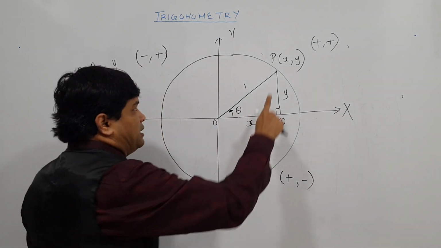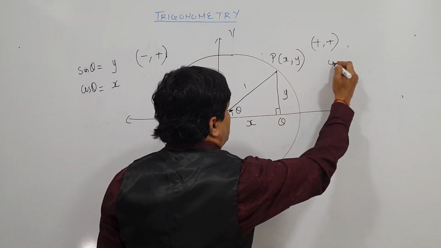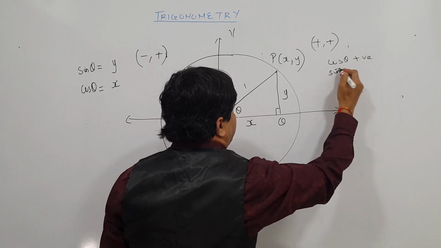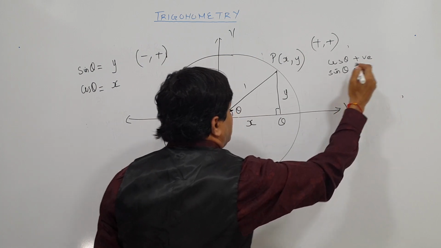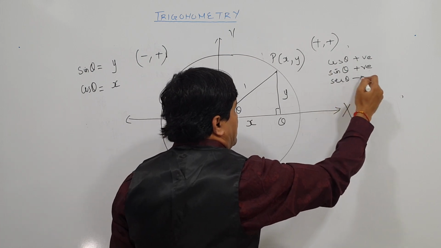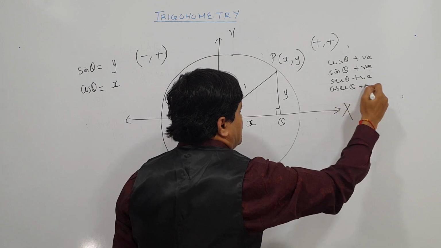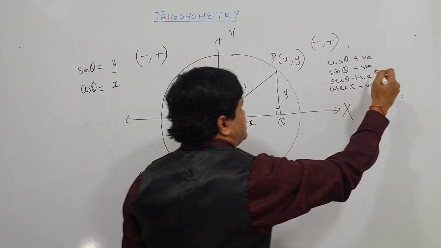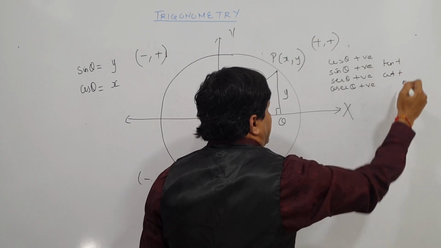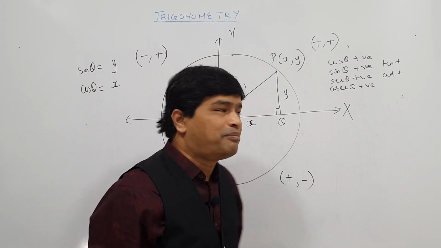Now, your x is positive, y is positive. So, cos is positive, sin is positive. Let us go further. Reciprocal of cos, sec, is positive. Reciprocal of sin, cosec, is positive. Sin upon cos, tan, is positive. Reciprocal of tan, cot, is positive. In the first quadrant, all ratios are positive.